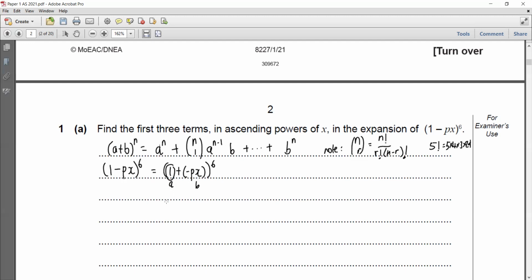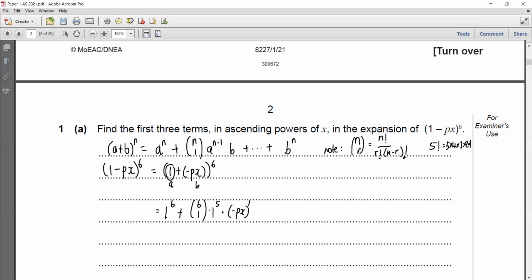Now writing down the first 3 terms. The first term is just a to the power of n. Here our n is 6, so I have 1 to the power of 6. For the second term, I have 6 choose 1 multiplied by my a, which is 1 to the power of 5, and then you multiply this by your b to the power of 1. You should always notice that the powers of a and b always add up to n.